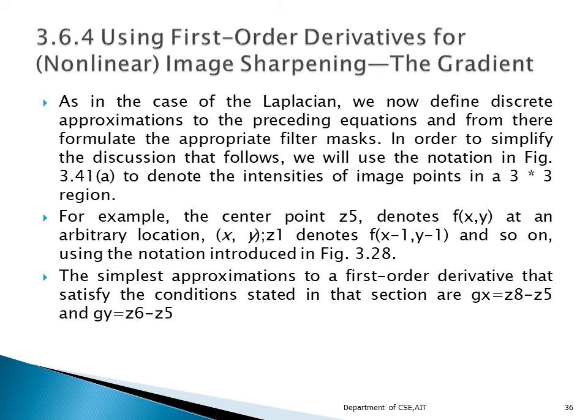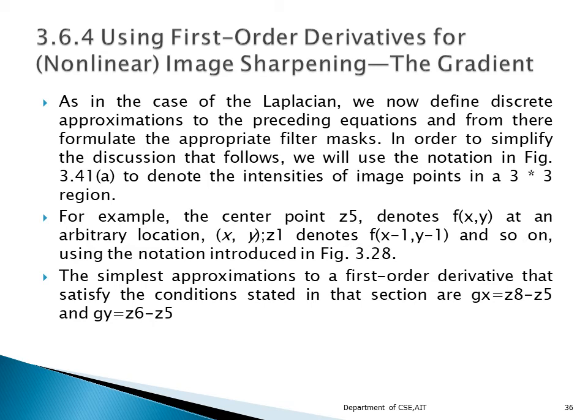Like in the Laplacian, we can define the discrete approximation for the equations and then formulate a mask. In order to simplify the discussion, we are just going to consider a 3x3 region. So we will have the mask here from Z1 to Z9. I am going to consider the center point as Z5.